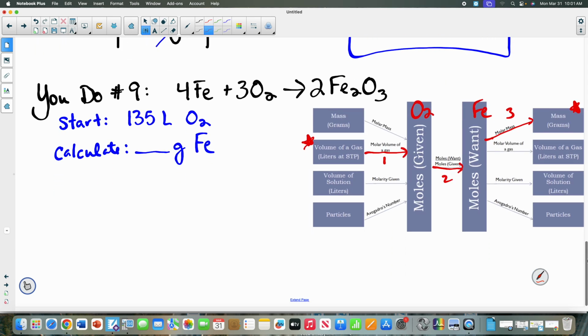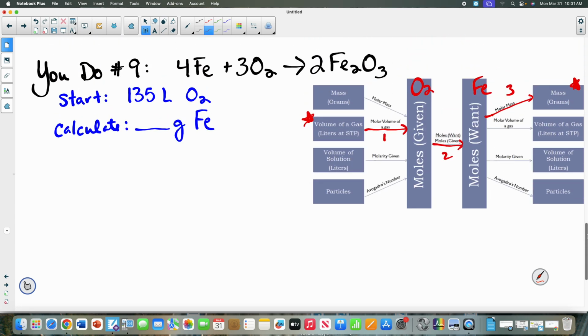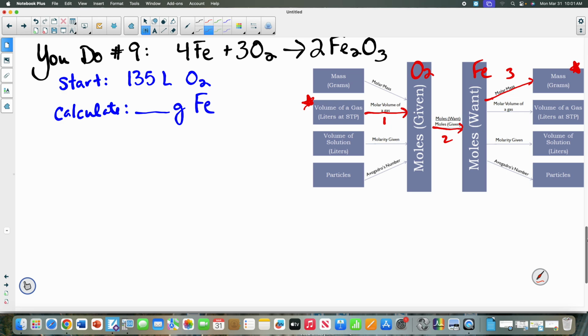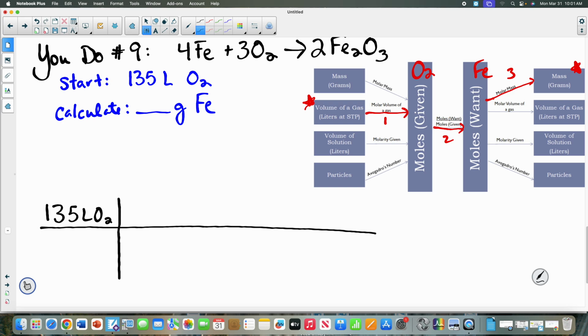Okay, so let's set that up. We're gonna need a little more space. 135 liters of O2. Okay, so my first step is to use my molar volume of a gas.